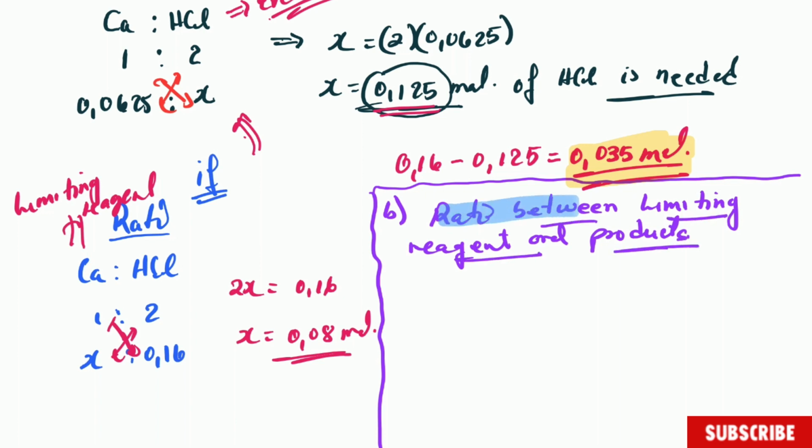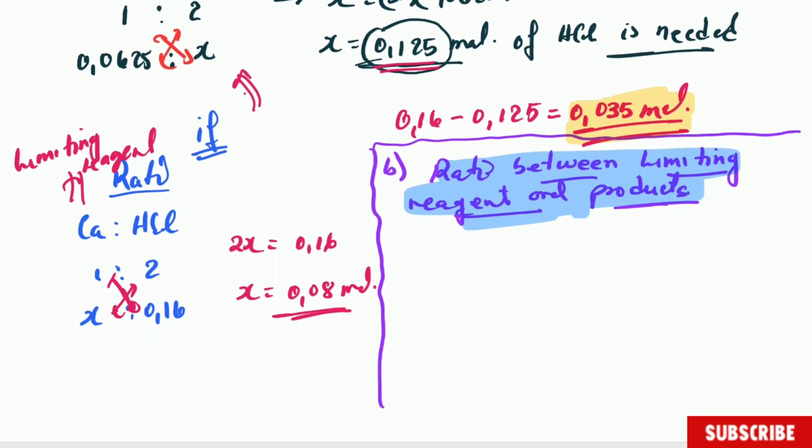So I guess this is an important note you should have. You should be writing the note just now. So the ratio between the limiting reagent, which is calcium, and the product, which is H2, hydrogen.